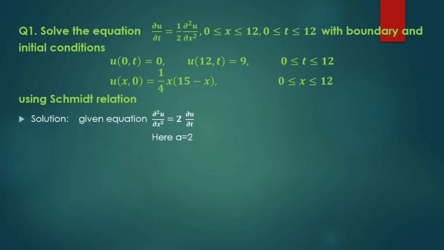So the given equation can be rewritten in the standard form, that is second order derivative on the left side and first order on the right side. So ∂²u/∂x² is equal to 2 into ∂u/∂t. Here we see that a is equal to 2.